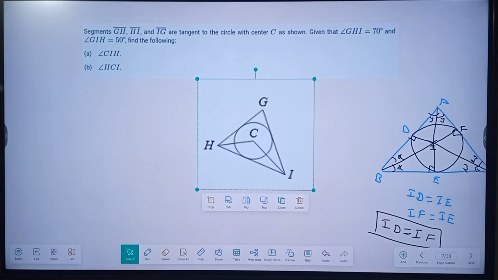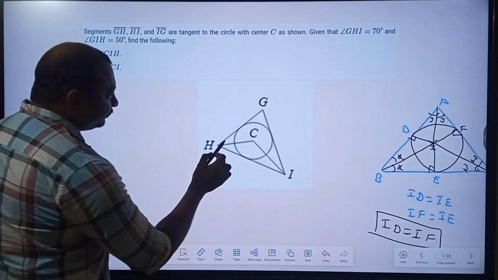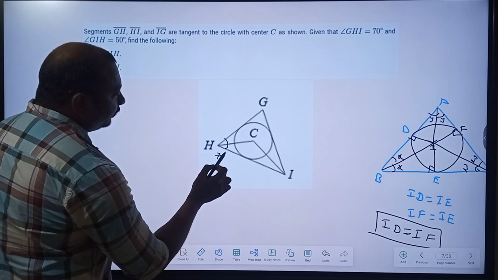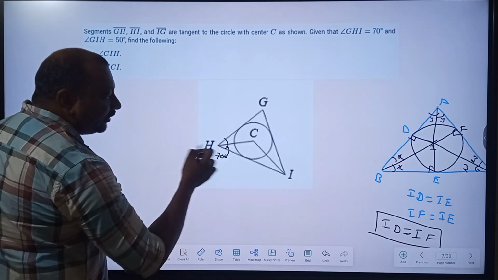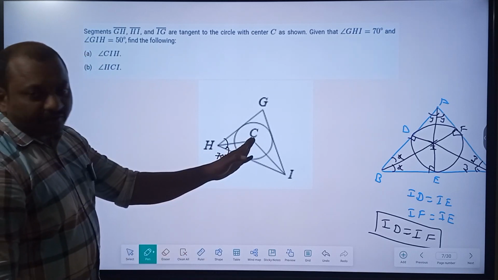Given that angle GHI is equal to 70, this total is 70. And C lies on the angle bisector because it is the incenter.